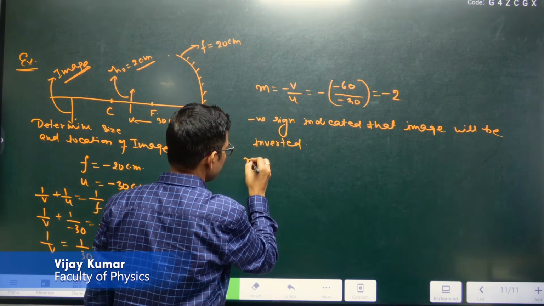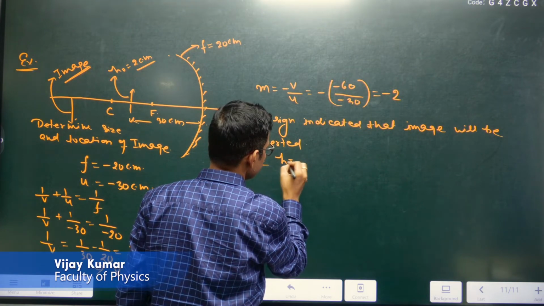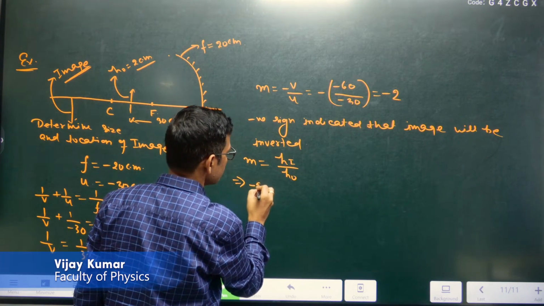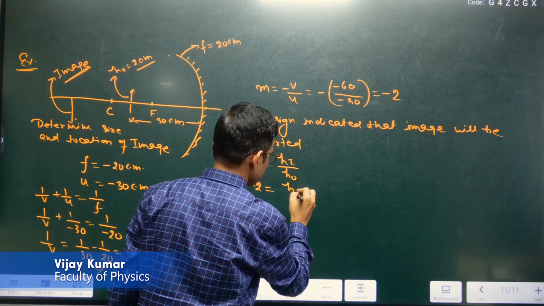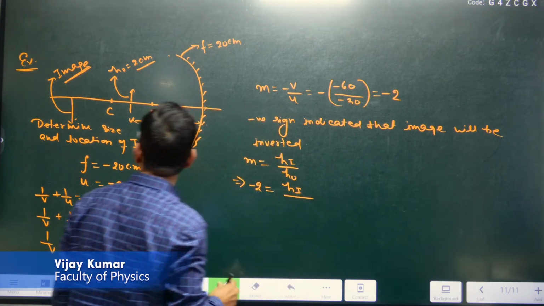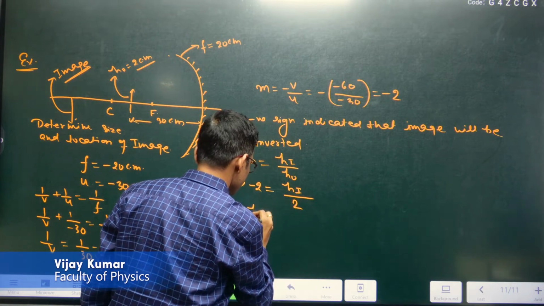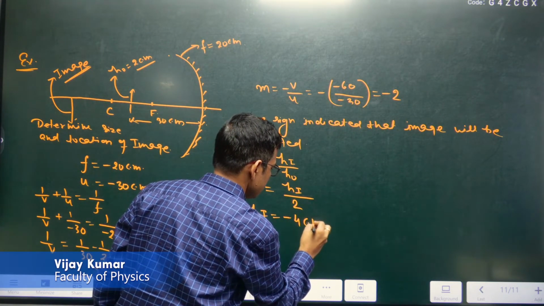So we can write m is equal to height of image divided by the height of object, and this magnification is equal to minus 2. The height of object is given as 2 centimeter. It means the height of image will be minus 4 centimeter.